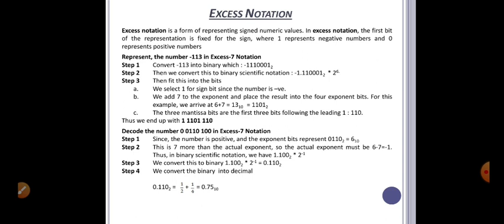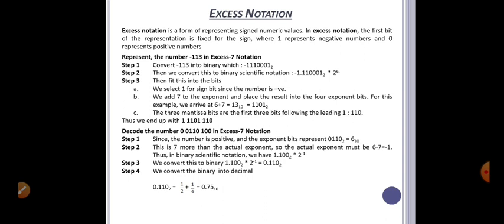So here we have done the same. This is 7 more than the actual exponent, so the actual exponent must be 6 minus 7 equals minus 1. Thus in binary scientific notation we have 1.100 into 2 to the power minus 1. Keep in mind.